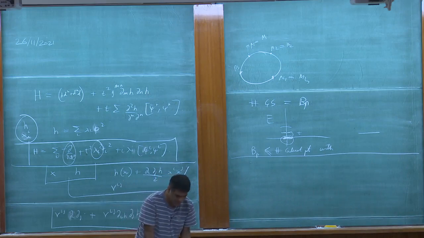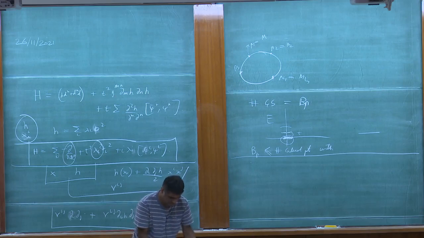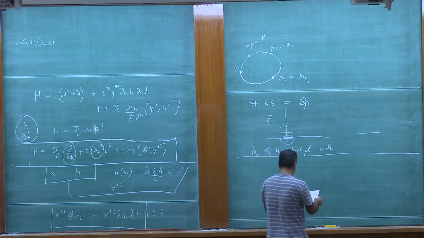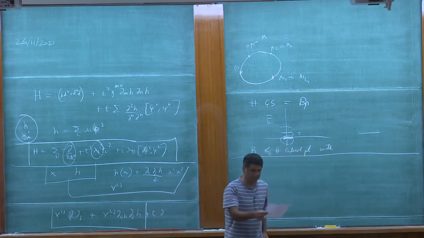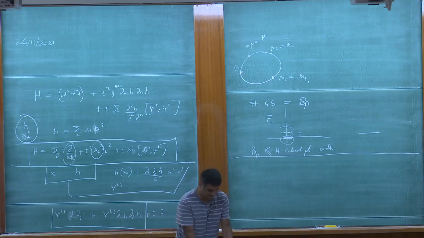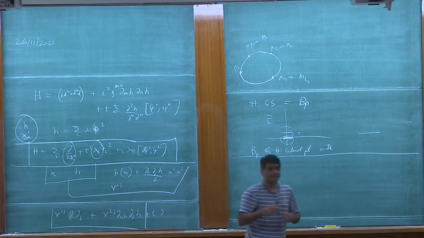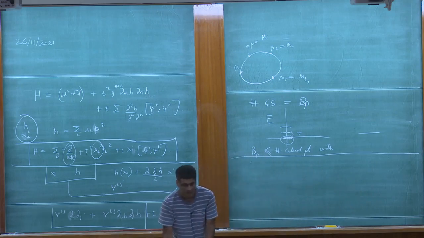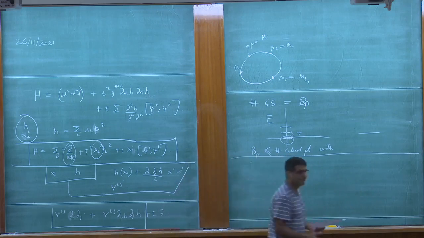And the action of our theory had two terms that were purely bosonic. These terms were the kinetic term for the bosons and the potential term.